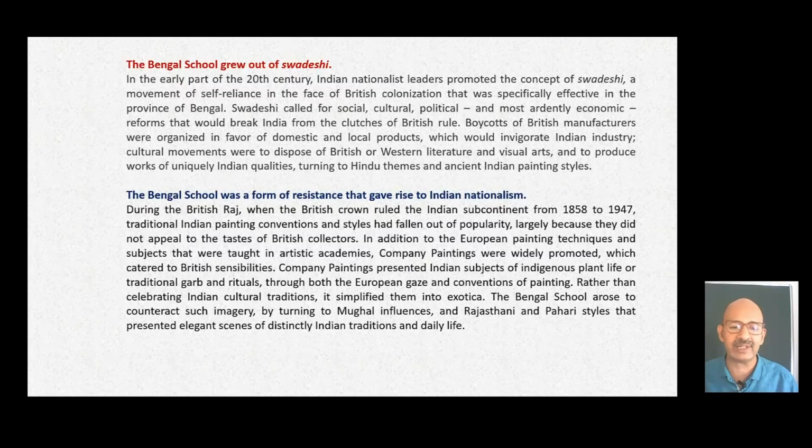Rather than celebrating Indian cultural traditions, it simplified them into exotica. We have seen that happening in company painting. And now the Bengal school arose to counteract such imagery by turning to Mughal influences and Rajasthani and Pahari styles of miniature painting.